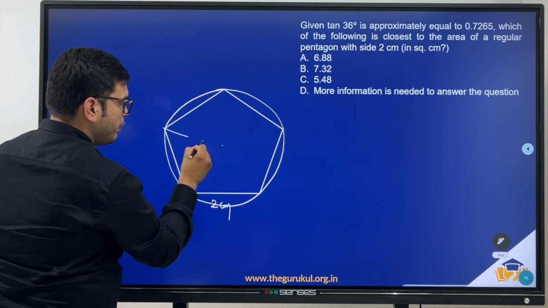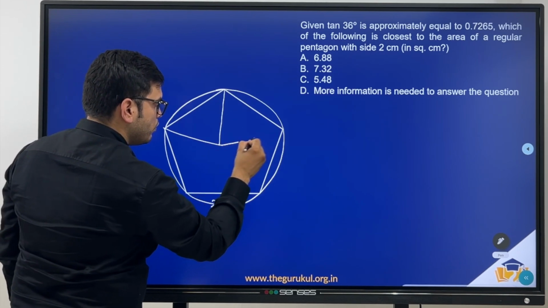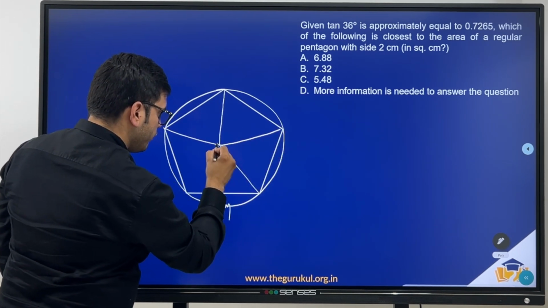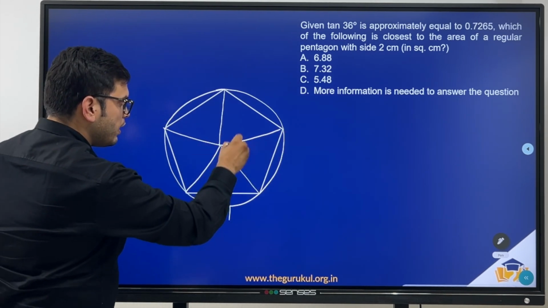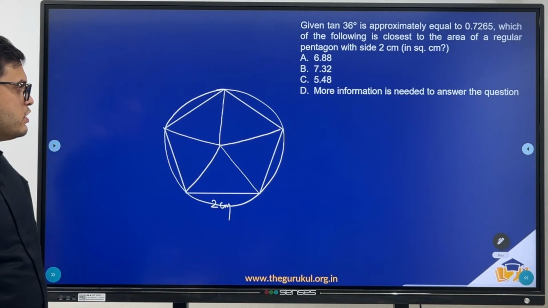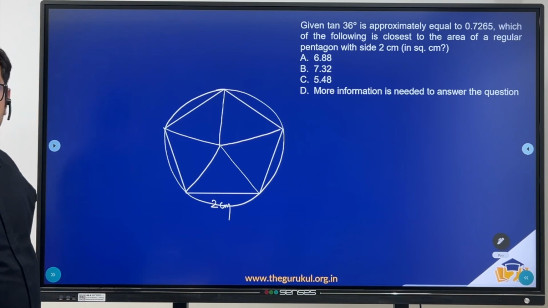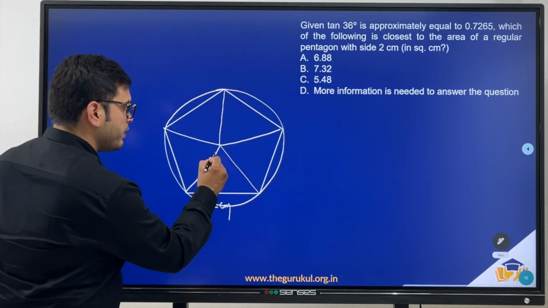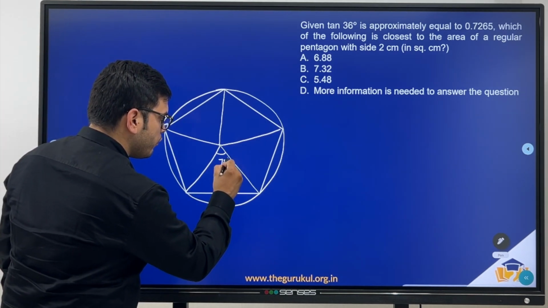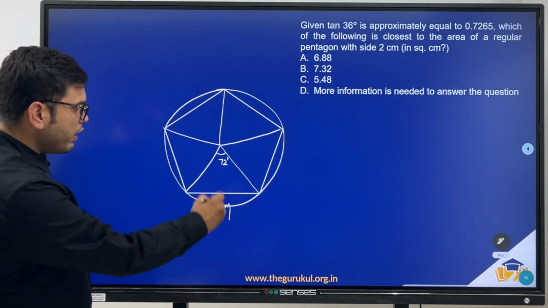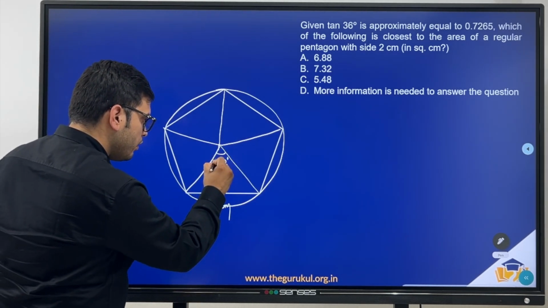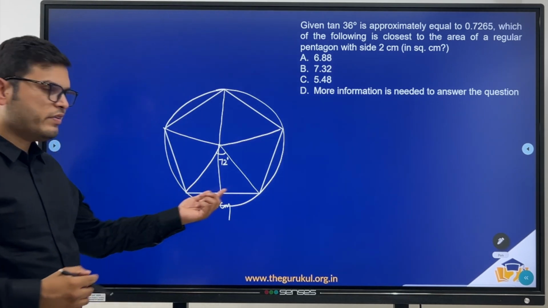Right? Now let me join the center with the vertices. Now this total angle is 360 degrees divided into how many? 5 parts. So the measure of this angle will be 72 degrees. Done. Right. Now let me drop a perpendicular from the center to this side.